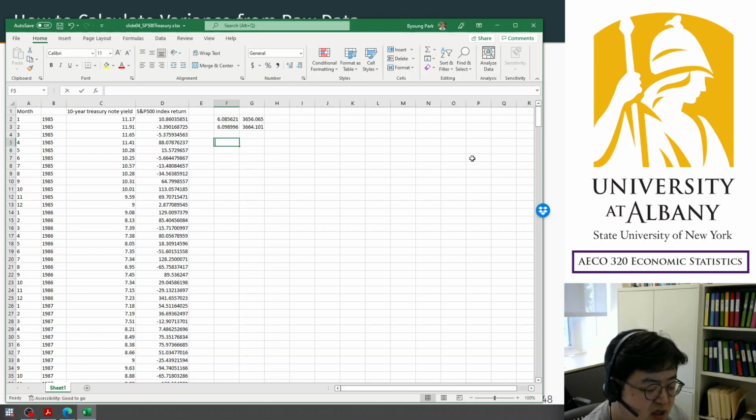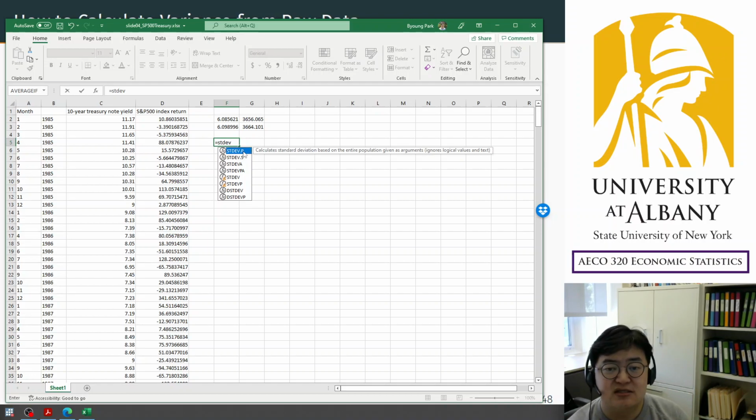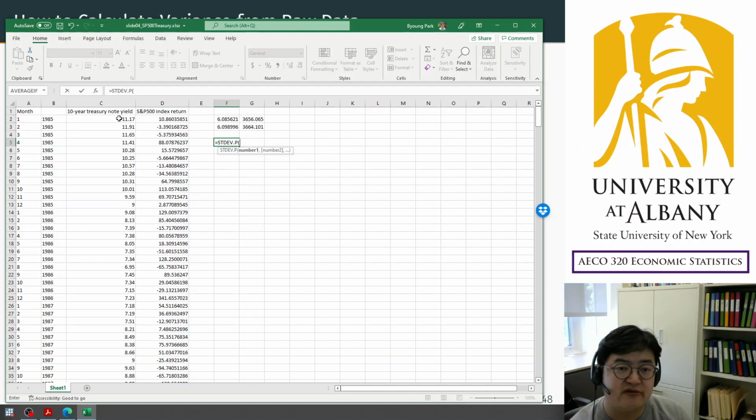What I recommend is standard deviation. The standard deviation formula in Excel is STDEV. STDEV also has two different formulas, .P or .S. .P is population standard deviation.